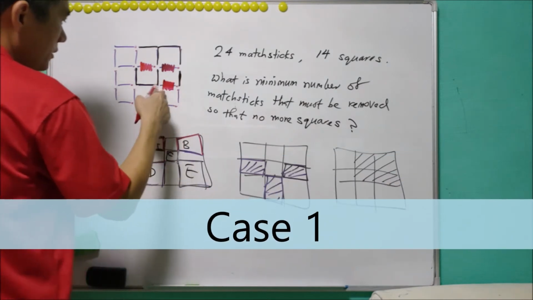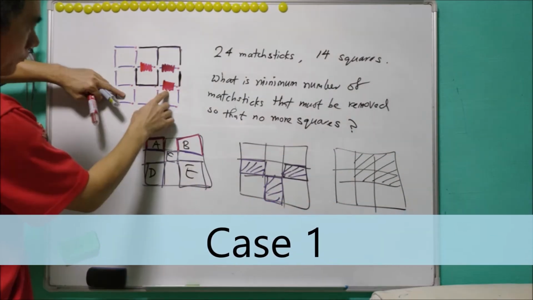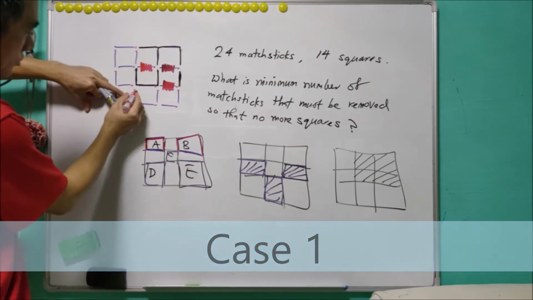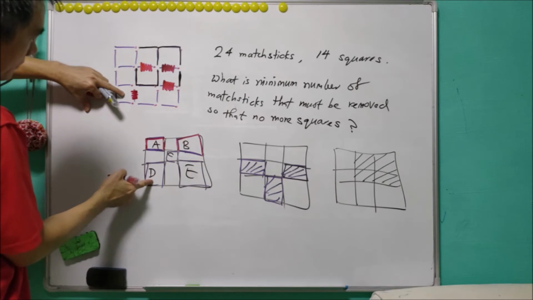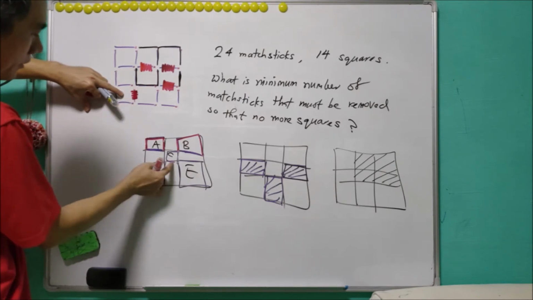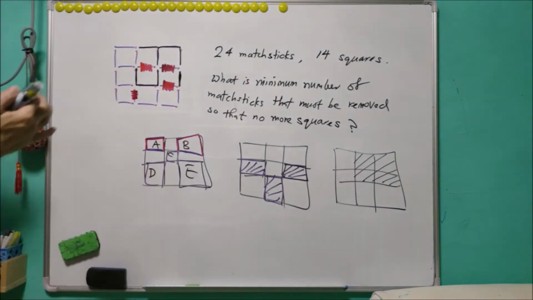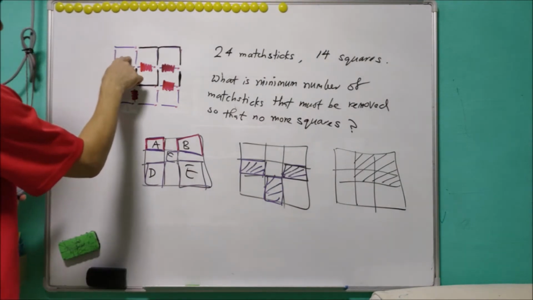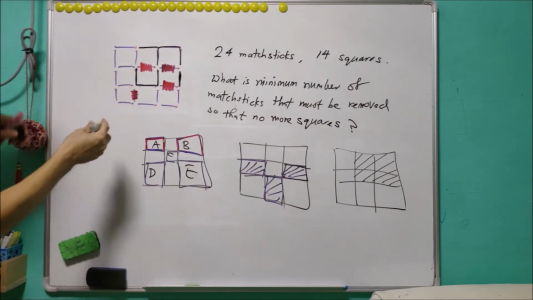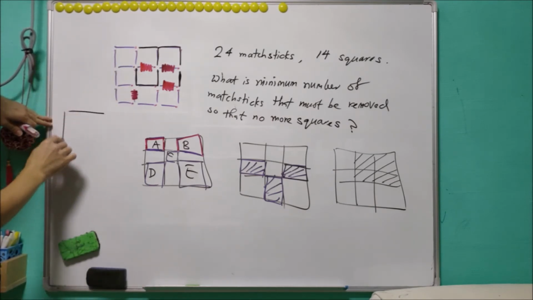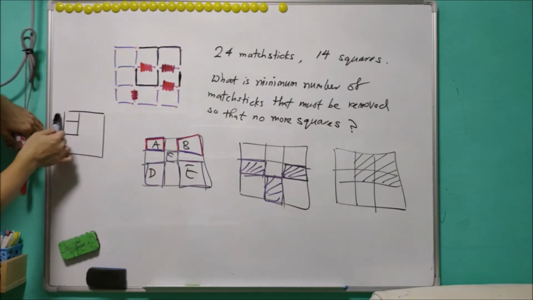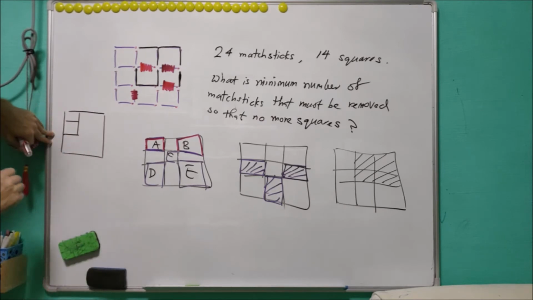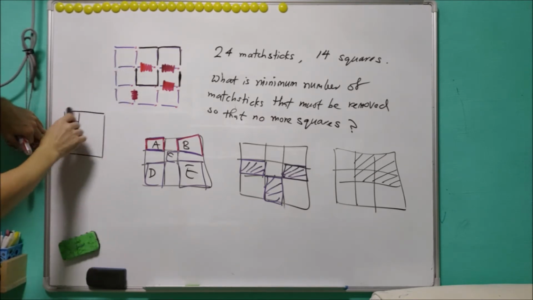Suppose we remove this matchstick from square E. Then we have to remove this matchstick from square D, otherwise this particular square remains. Now it turns out that we will have one more matchstick to remove from A. But looking at only these few matchsticks, we will see that it still forms 3 squares: 2 smaller squares and 1 big square.